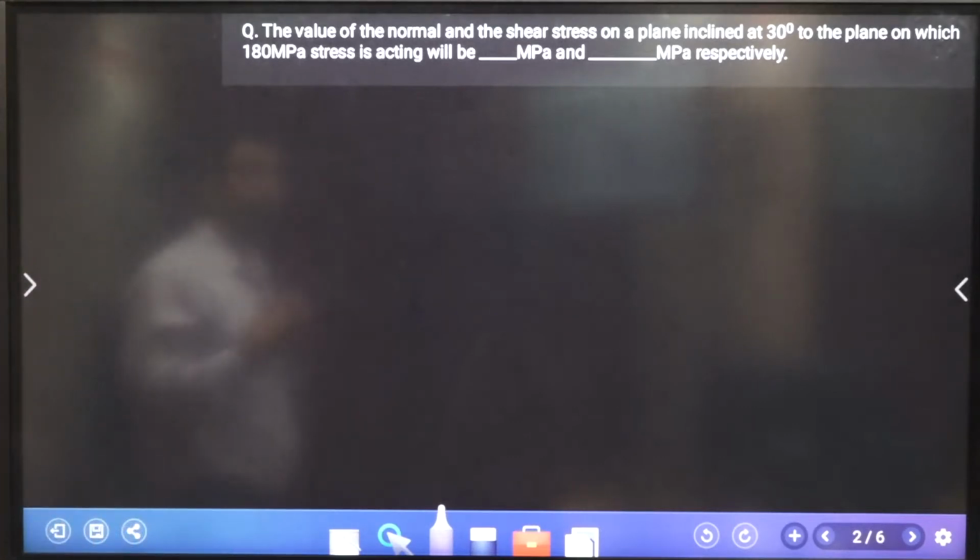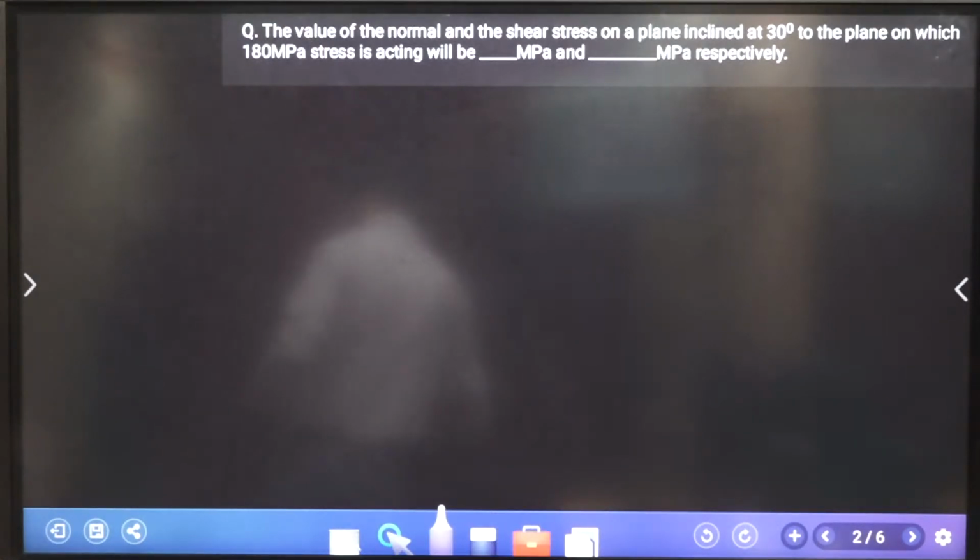So I think I need to show that diagram with the value of normal stress. Okay, so just a minute, I need to bring up my page. So hold on. In the meantime, just read it.